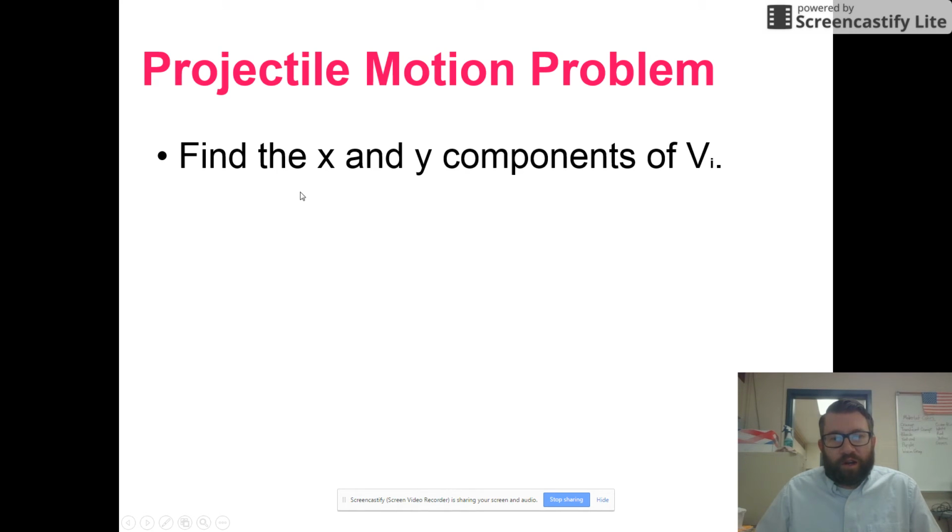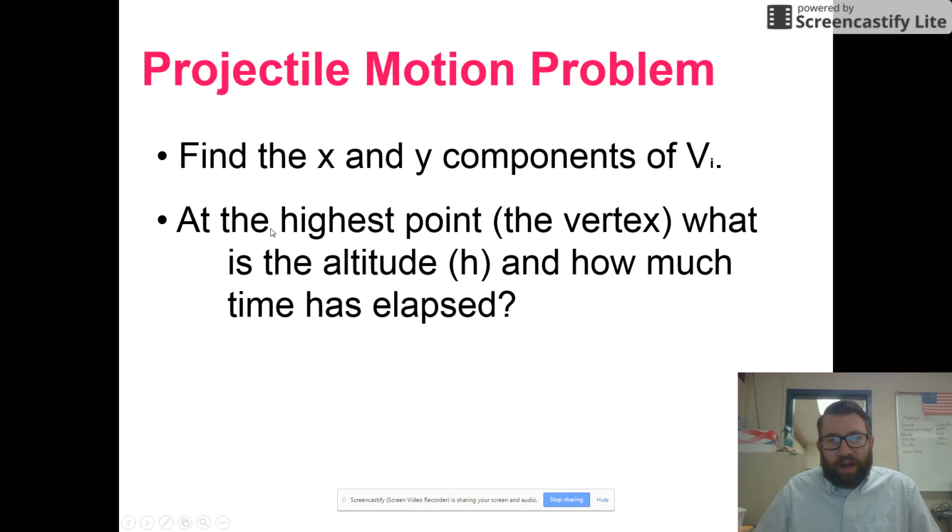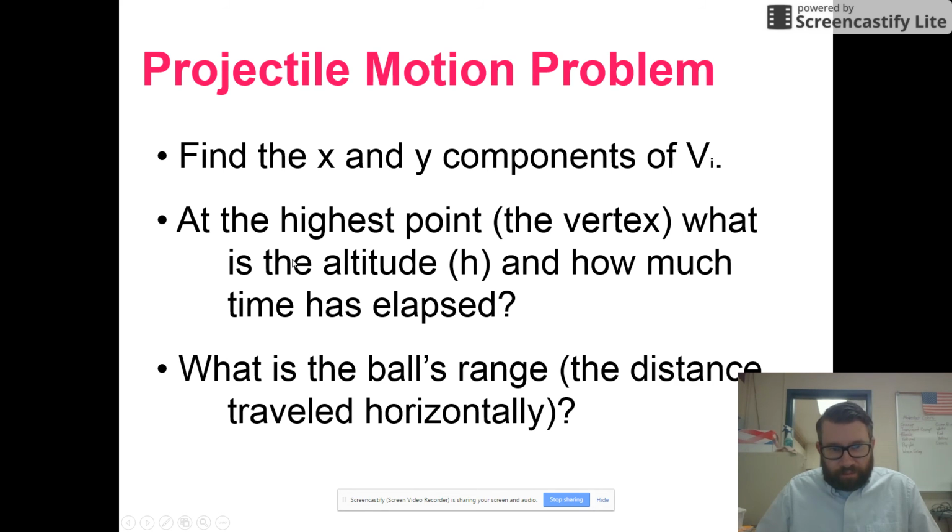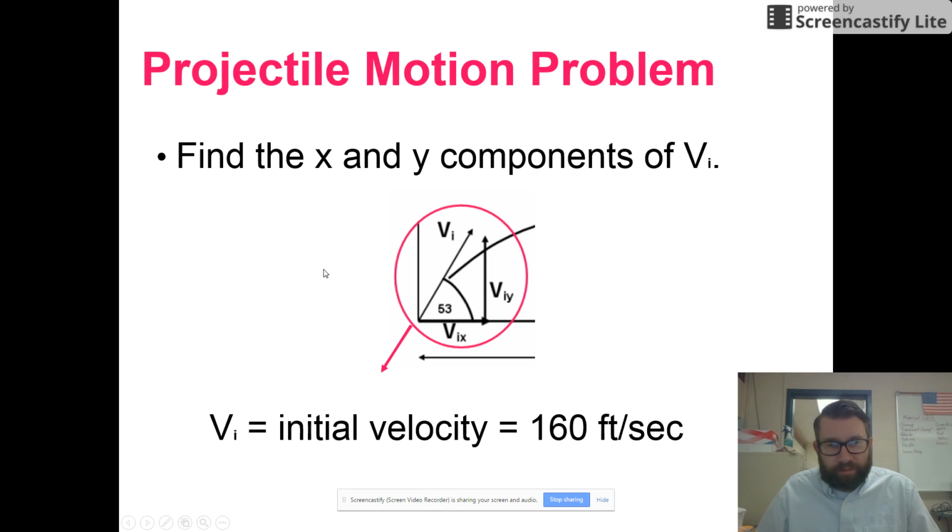Find the x and y components of VI. So at the highest point, the vertex, what is the height and how much time has elapsed? What's the ball's range? How far did the ball travel horizontally?